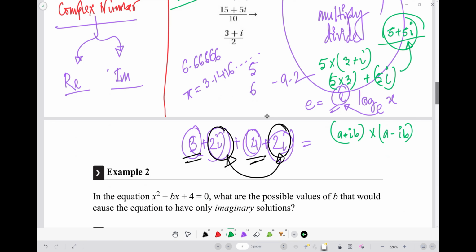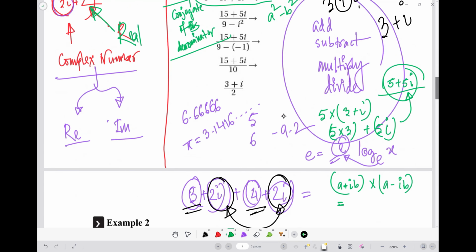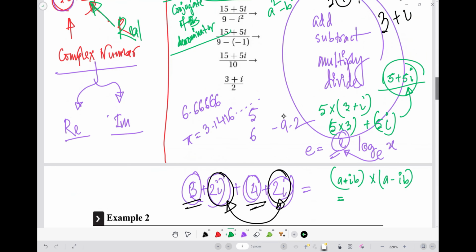If you expand it, then you get the answer like a squared plus iab minus iab minus i squared b squared, right?